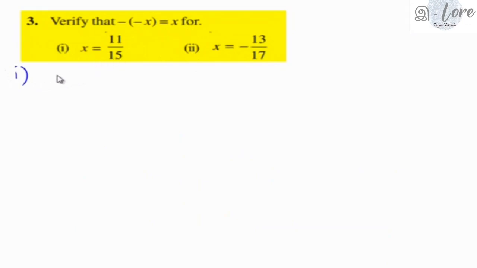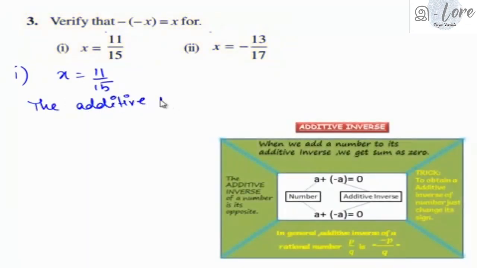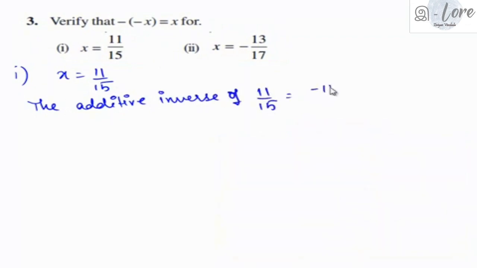Here we have to verify that minus of minus x is equal to x for x is equal to 11 by 15. Here the additive inverse of 11 by 15 is minus 11 by 15, as we know that changing the sign, 11 by 15 plus minus 11 by 15 gives the answer as 0.